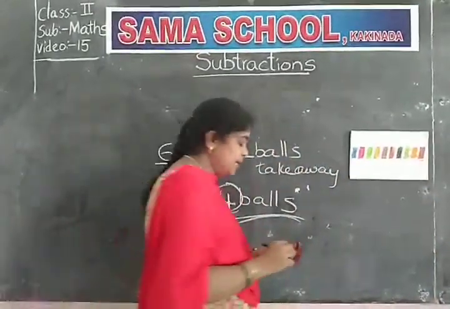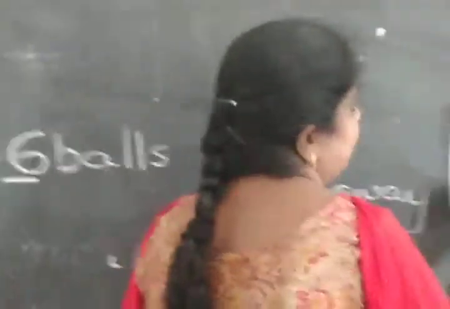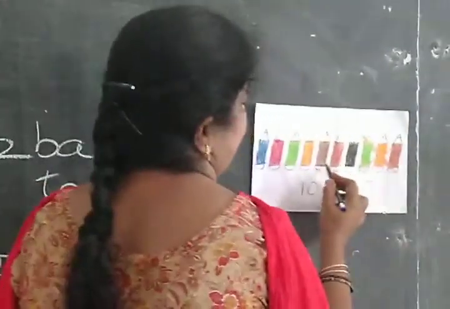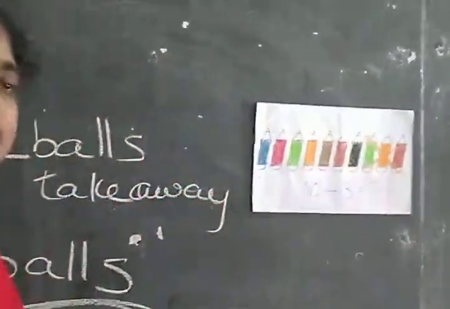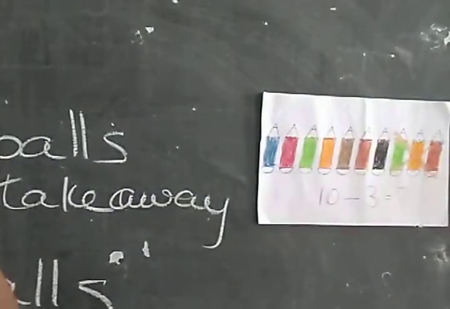Then how many are left with you? 1, 2, 3, 4, 5, 6, 7. 7 are left in your box.